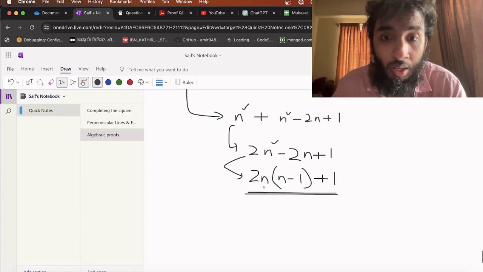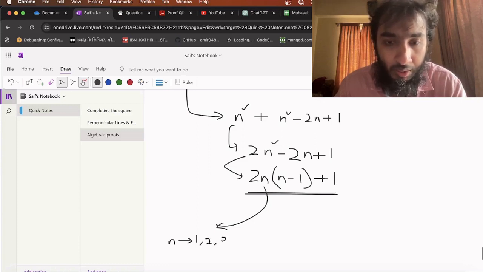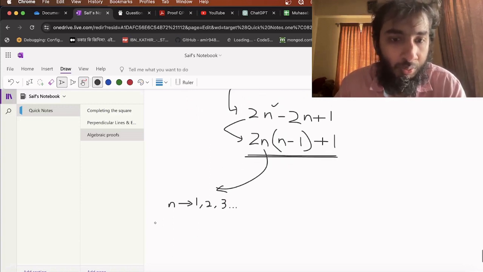So this is the simplified term. So for all positive values of n, let's say n is positive integer values, so it starts with 1, 2, 3 and so on. So what is the value of twice n for n having values of 1, 2, 3 dot dot dot?